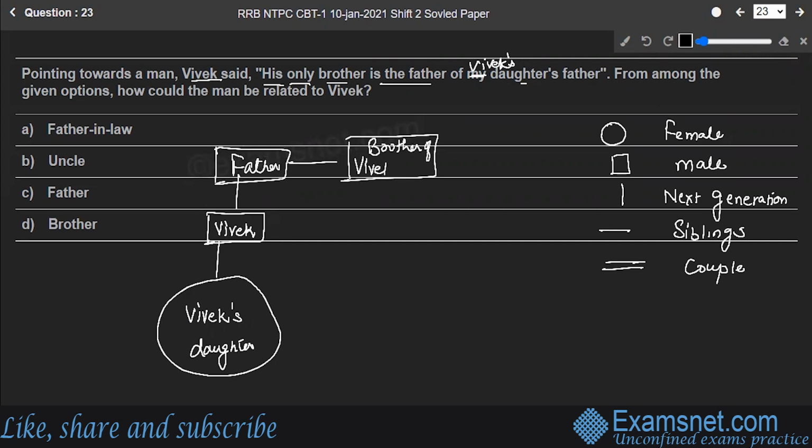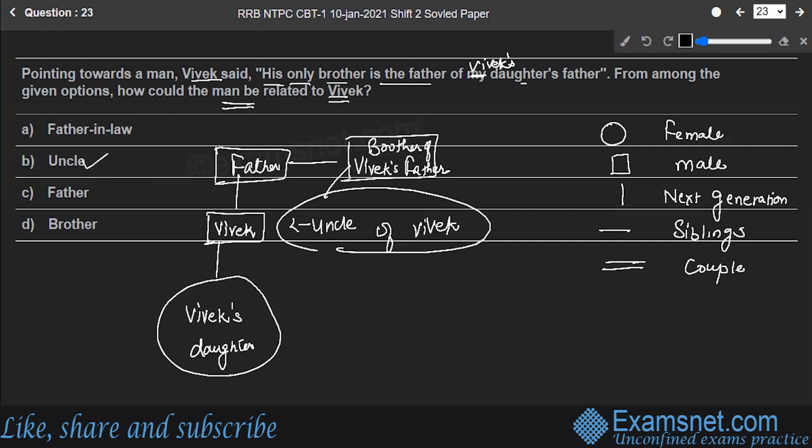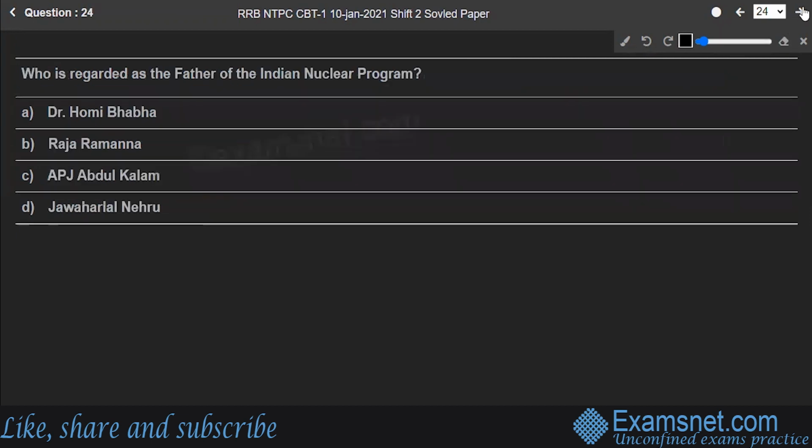Brother of Vivek's father. So, looking at that now, from among the given options, how could the man be related to Vivek? Of course, this man is uncle of Vivek. Correct? He's uncle of Vivek, and we have option B as the answer. Hope you understood that.